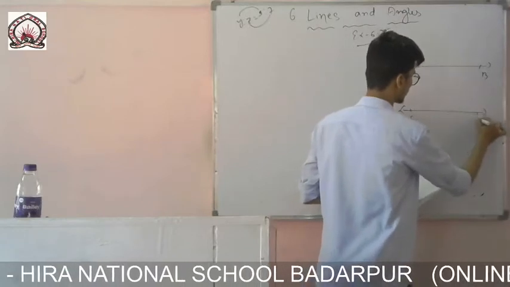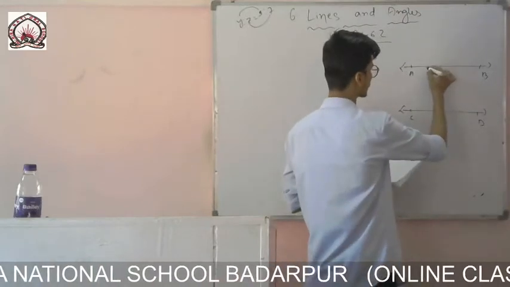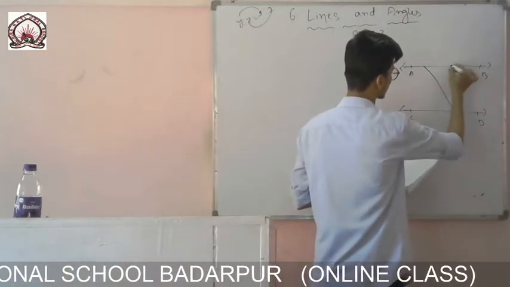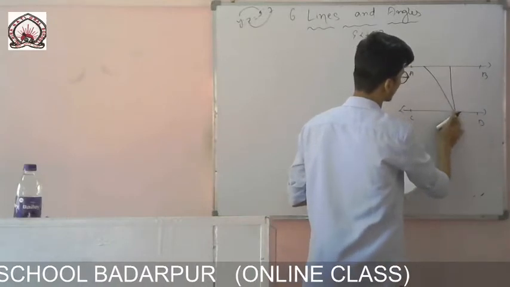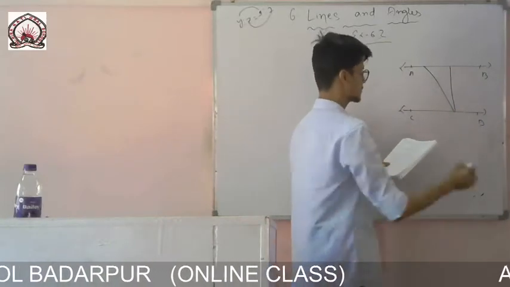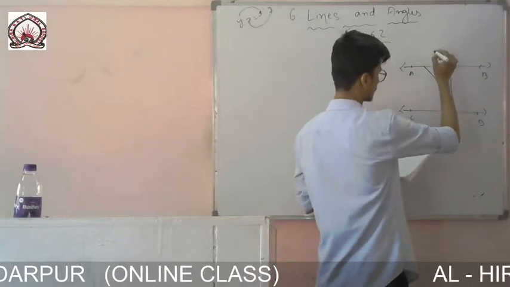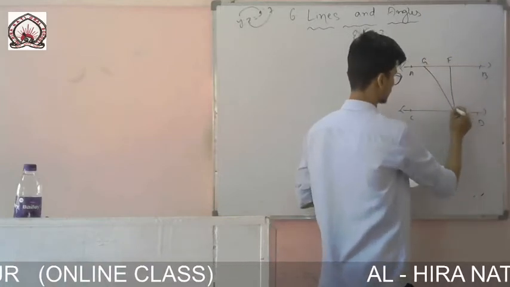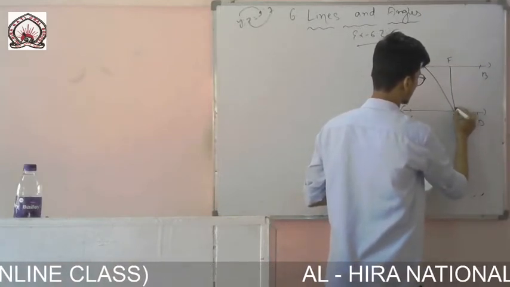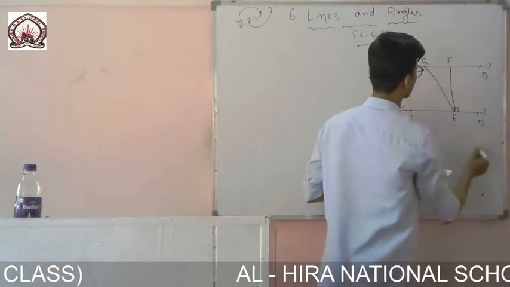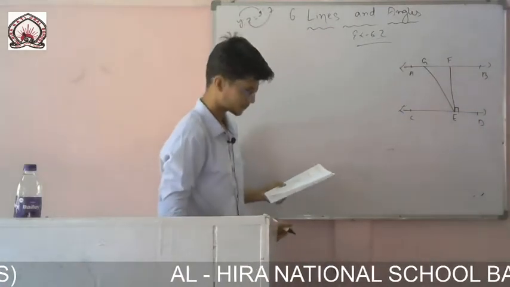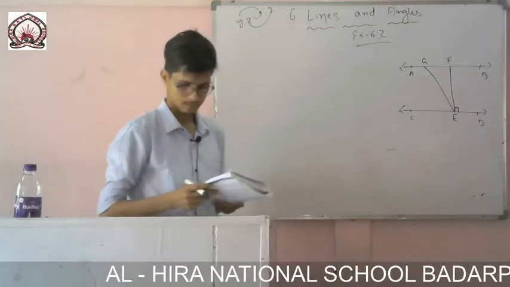So AB, CD is given. It will be like this. This line is given perpendicular, this is F, this is G, this is E. Okay, now what is given?